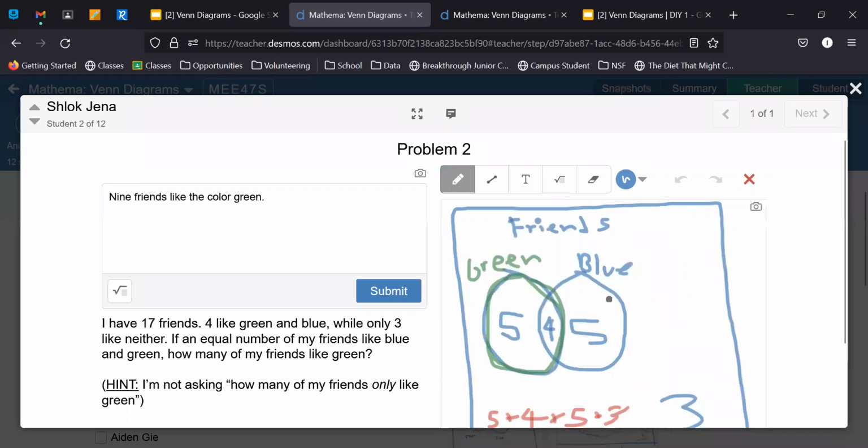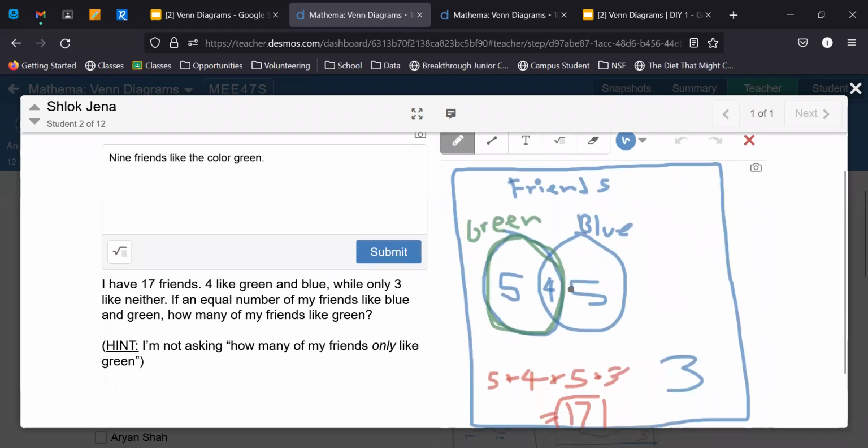Okay, so I like Schultz's here. You have 17 friends, right? And 4 like green and blue. So 4 would be the intersection of green and blue, right? So he put that. And 3 like neither. So 3 would go outside the green and the blue, right? And we know we have 17 friends total. So we already have 7 accounted for. So 10 like only green or only blue, right?